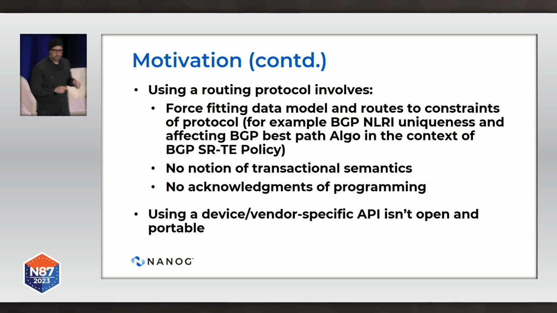But we do lose something when we're doing this. We require some detailed understanding as to how this is going to resolve from a policy perspective. We don't have any notion of maintaining a transaction, and we never get anything back that says what I sent down has actually been realized in the RIB or in the FIB.